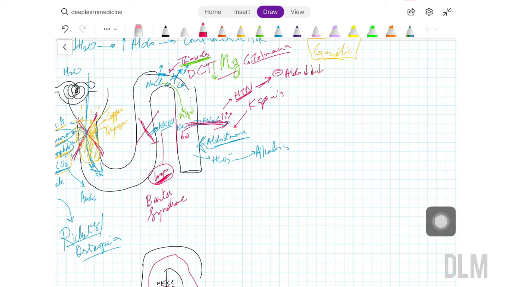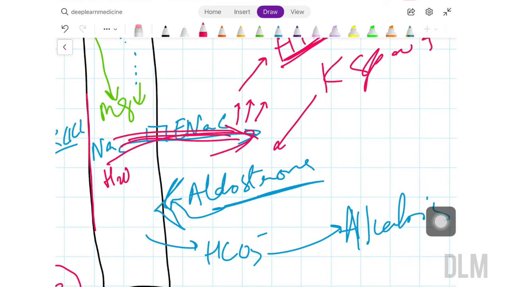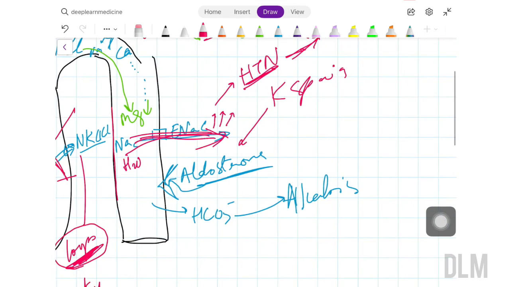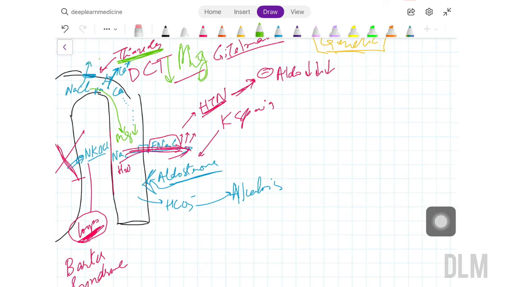And if you're thinking about the overactivity of sodium, how would you treat this disorder? Well, I would try to focus on the activity of ENaC channels and try to stop it. Luckily, we have a drug that does the exact same thing, and that is amiloride, right?